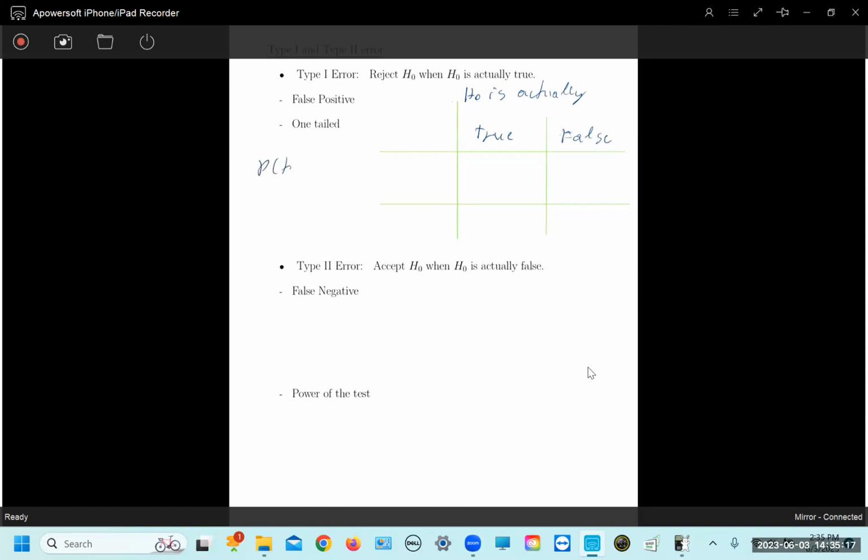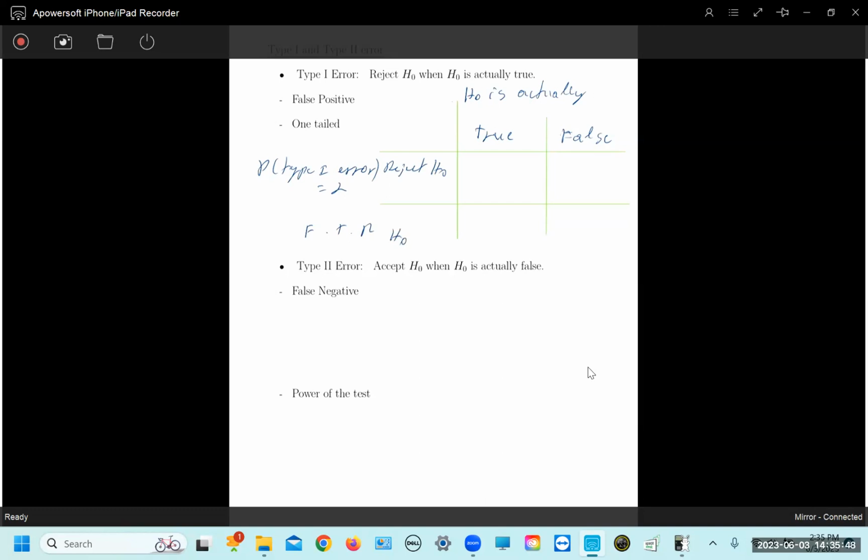And we have right here a P, type 1 error. So we check H0. So this one should equal alpha. So this one is reject H0.